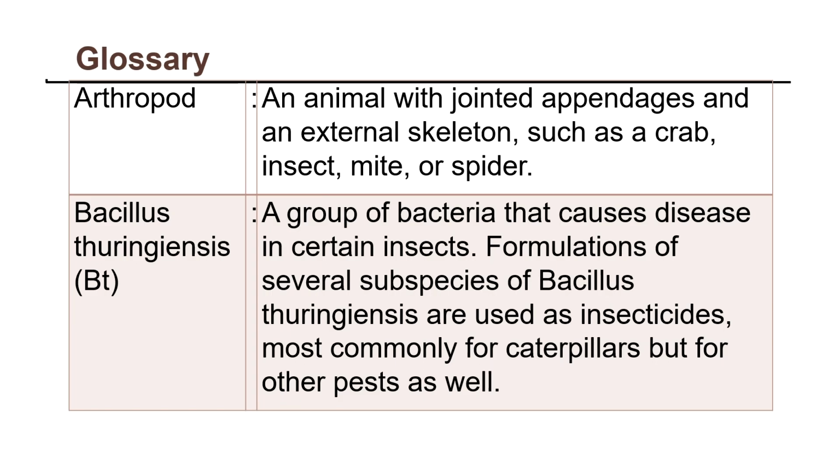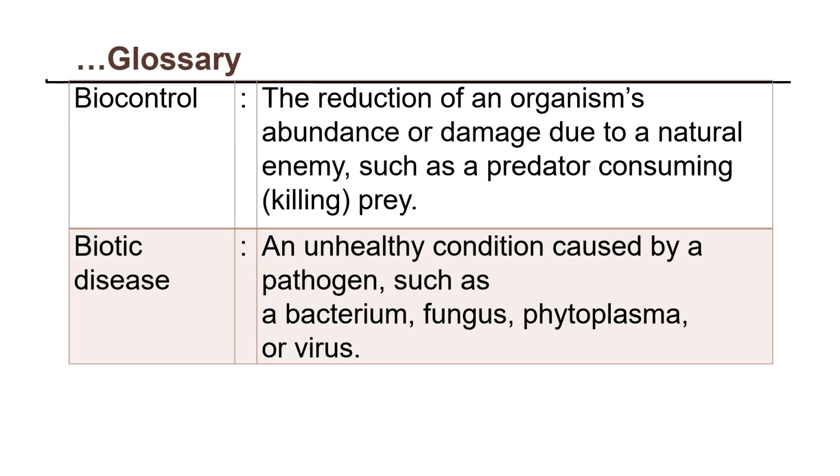Formulations of several subspecies of Bacillus thuringiensis are used as insecticides, most commonly for caterpillars, but for other pests as well. So, Bacillus thuringiensis is also used in biocontrol, and it is particularly important for organic farming, especially in groundnut. Biocontrol, the reduction of an organism's abundance or damage due to a natural enemy such as a predator consuming prey.